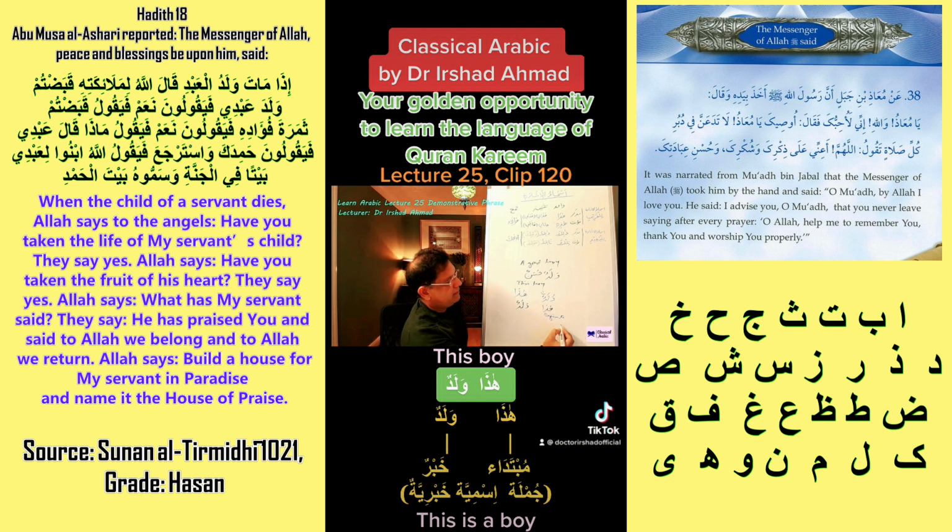I'rab, haza is mabni. We know that from previous discussion. Mabni means it does have 3 Arabic states, but it doesn't change its appearance. So it is haza, haza, haza. So in rafa, nasab, and jar, it remains haza. So it's mabni. It is muzakkar from the gender point of view, masculine, and it is wahid, singular.